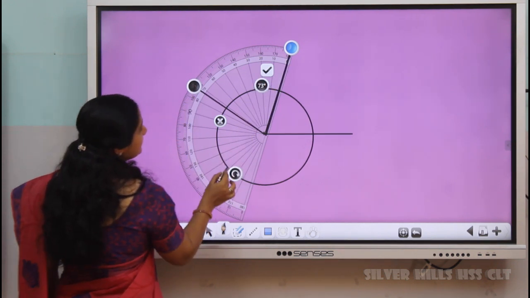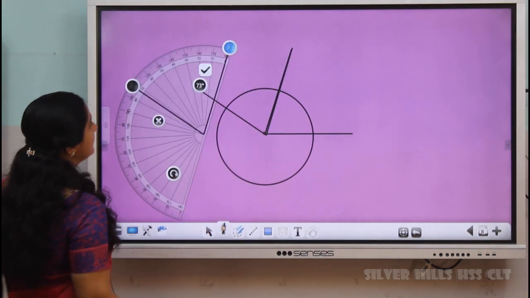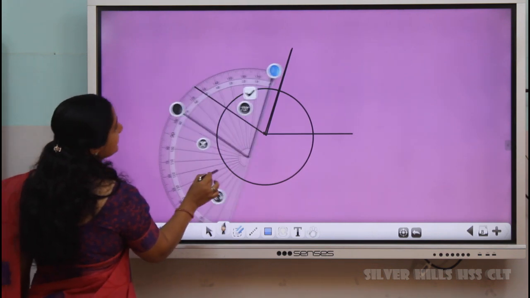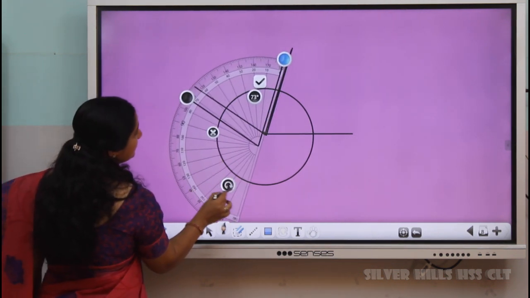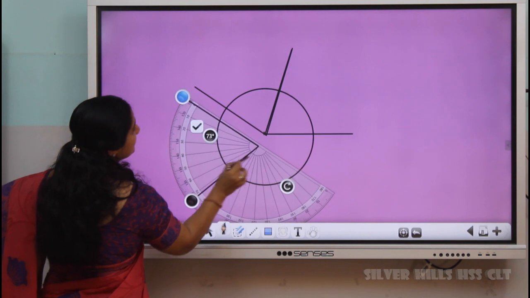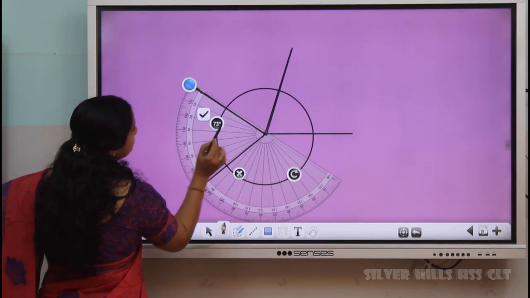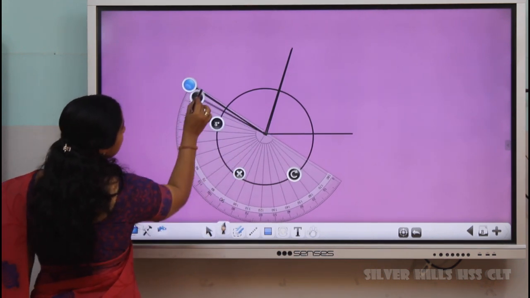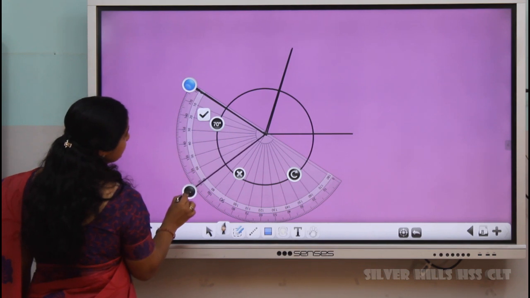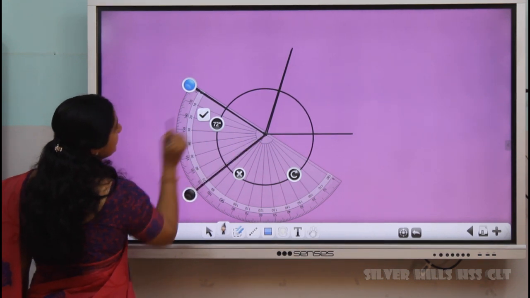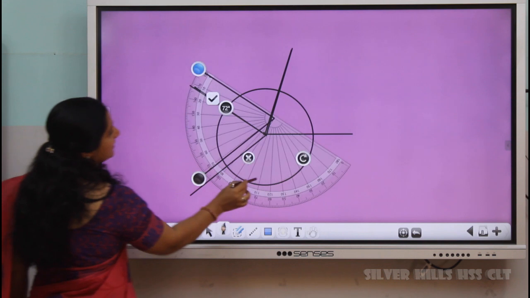Then that is over. Then again to get the third equal part, fix this to the center, take 72, so the third part.